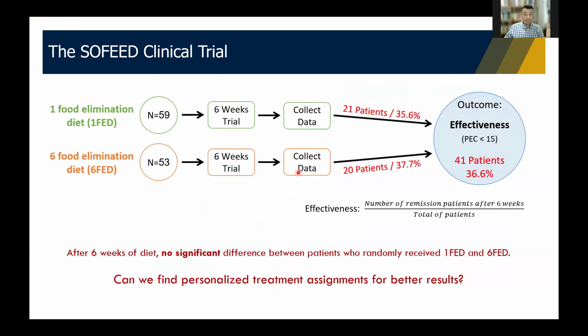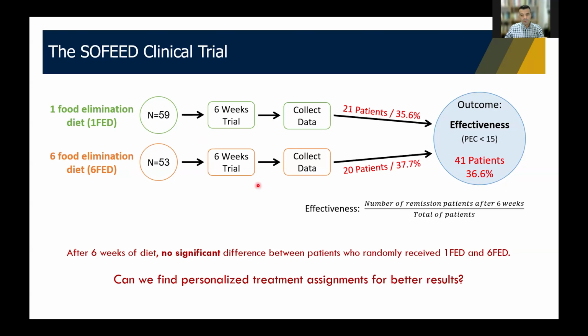And surprisingly, or maybe not surprisingly, well, it depends who you're asking, the effectiveness in terms of a decrease in the number of eosinophils after 6 weeks was very similar. So whether you got a 1 food elimination diet or 6 food elimination diet, about a third of the patients saw some relief.